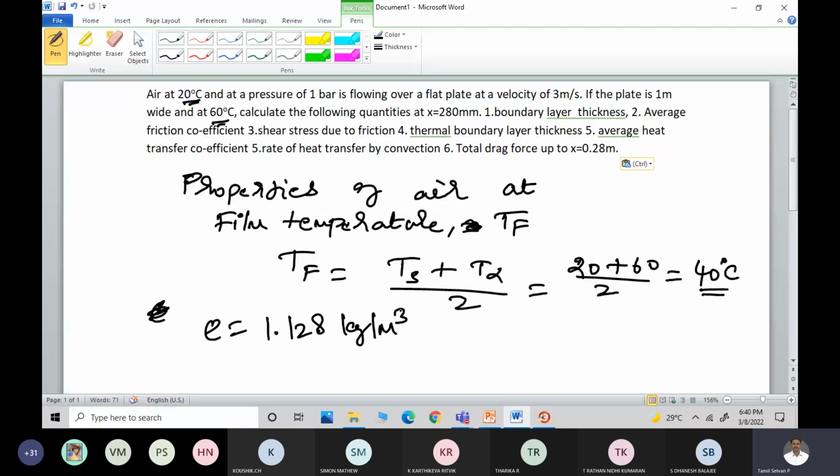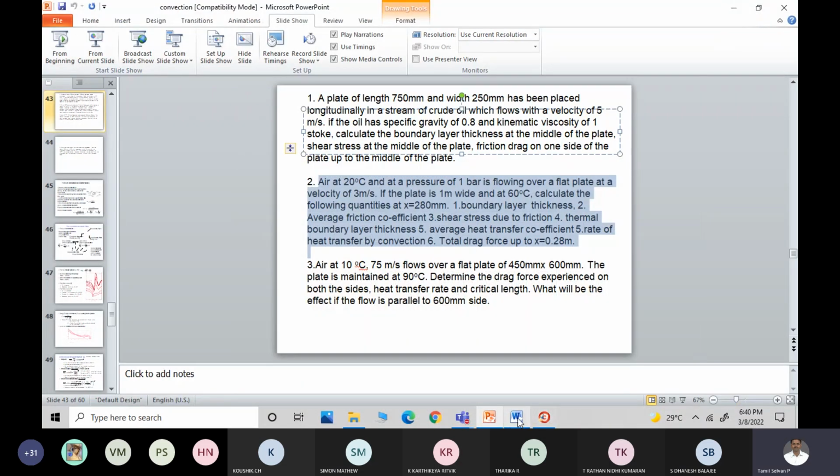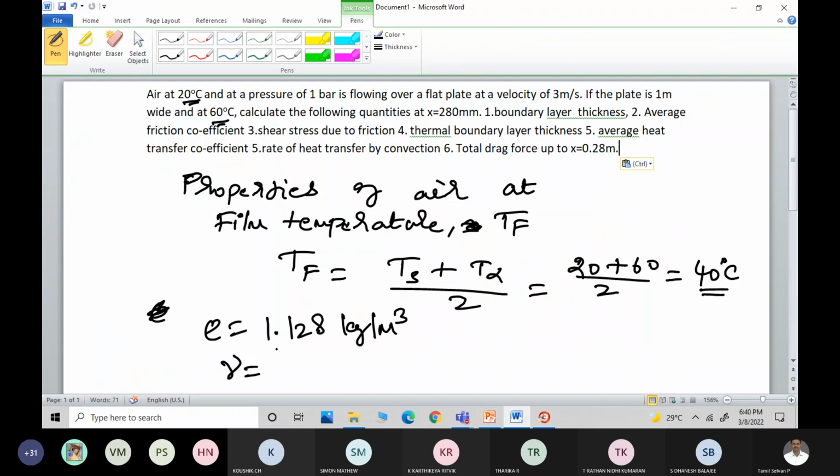And what about the second one? We want the nu value, kinematic viscosity. How much is it? 16.96 into 10 power minus 6. What is the unit?